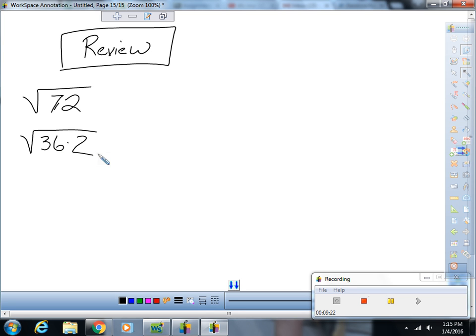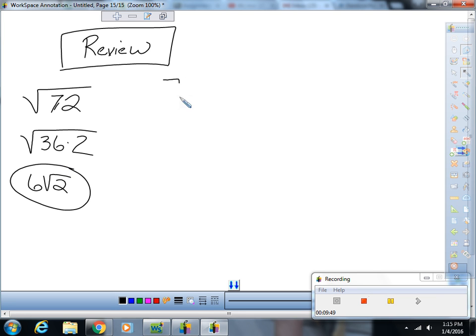And why did I choose 36? It was the biggest possible perfect square that could be entered into 72. So how do we simplify that? 6 radical 2. Okay? Does that make sense?